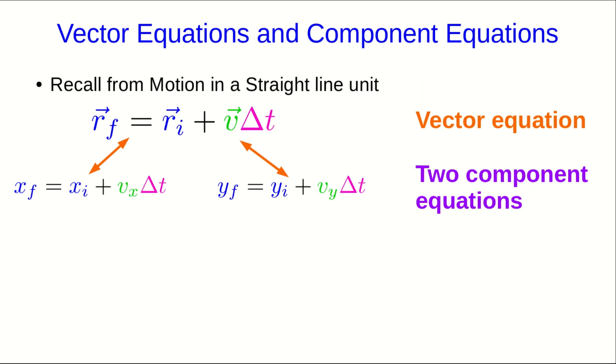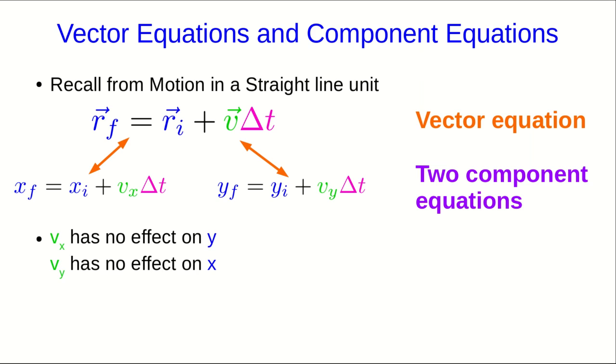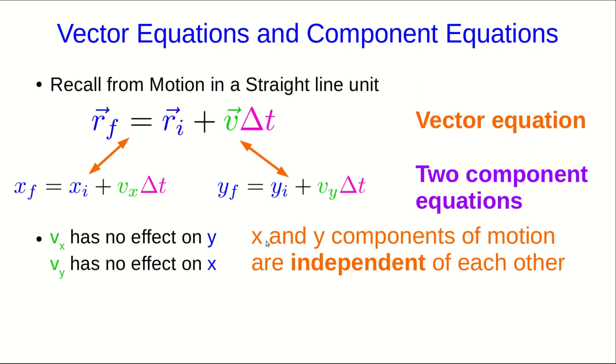And what makes them so easy to work with is that we have one equation which only involves x and the x component of velocity, and another that only involves y and the y component of velocity, and so Vx has no effect on y and Vy has no effect on x. In other words, the x and y components of the motion are independent of each other, and that makes the motion much easier to think about.